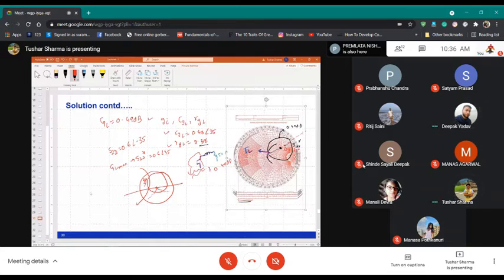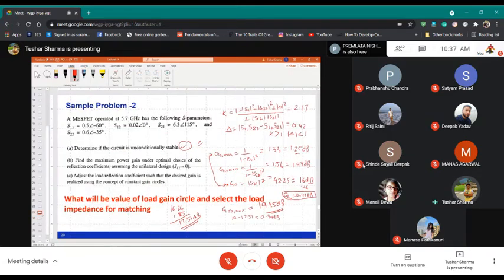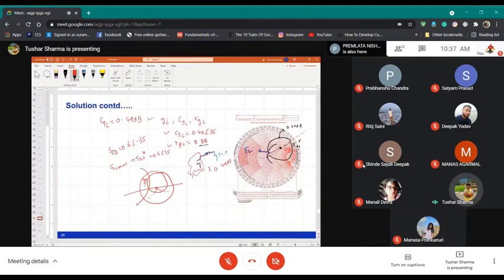Okay. So you understood that you have to follow these steps to get to the gain circles, and once you plot the gain circles, you can calculate whatever gamma L is needed, and then you design matching. Similarly, you can also choose the impedance at the input and at the output. Your S22 conjugate and S11 conjugate are the impedances where you will get the maximum gain out of the device.